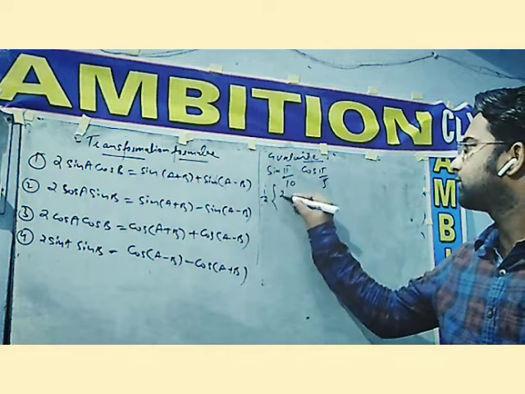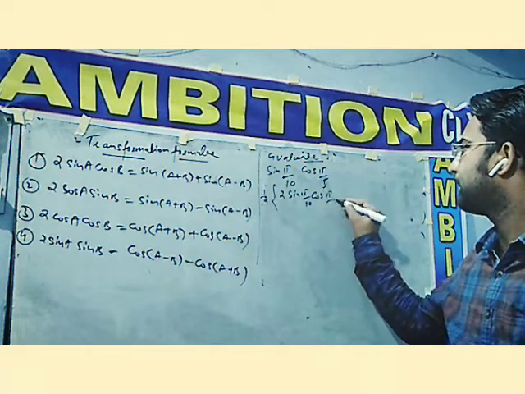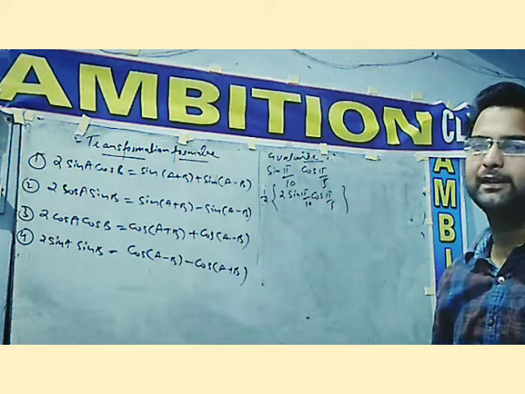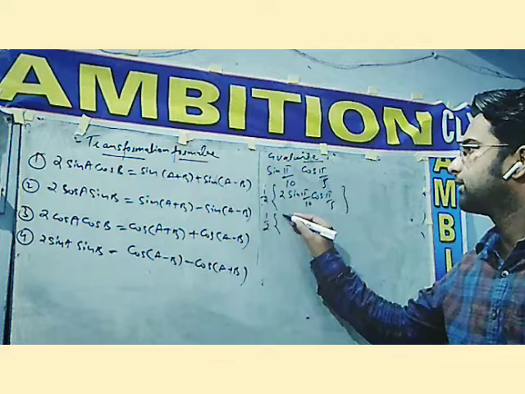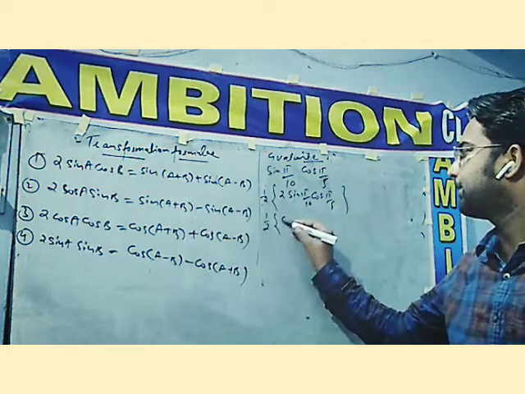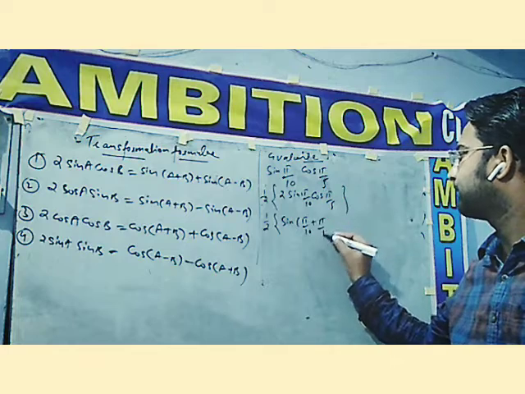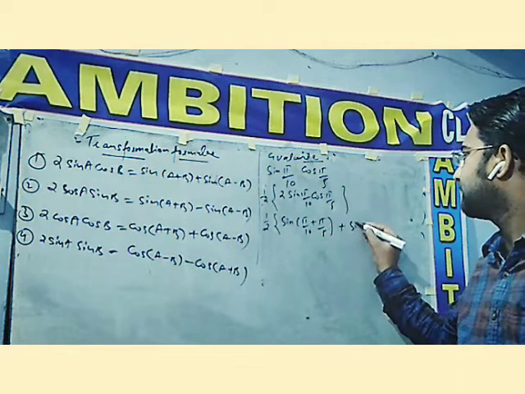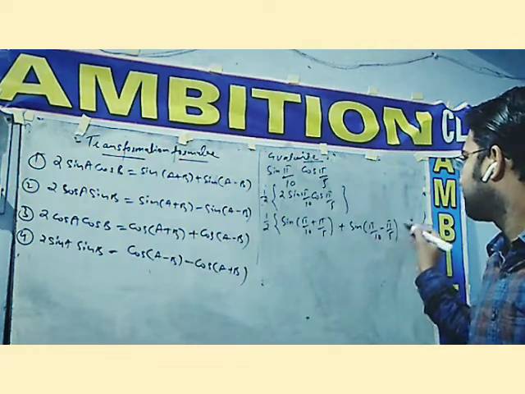1 by 2, 2 sine pi by 10 into cos pi upon 5. It is in the format of 2 sine A cos B. So it will become sine A plus B, that is sine pi by 10 plus pi by 5, plus sine A minus B, sine pi by 10 minus pi by 5.